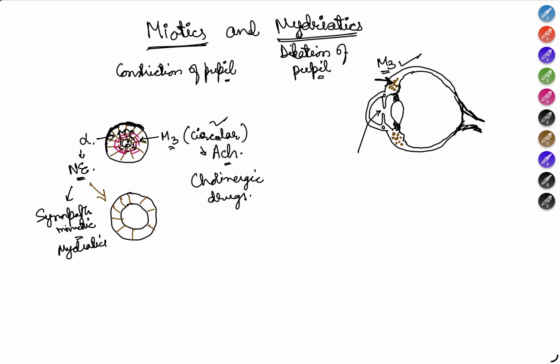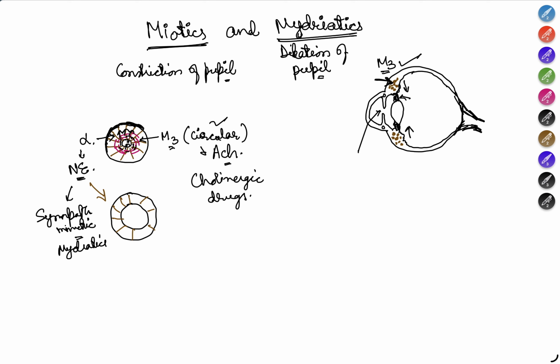Whenever this ciliary muscle gets contracted, it will bring these two ends together. So the zonules will be loosened, because these two ends are coming closer, and they will become less taut.